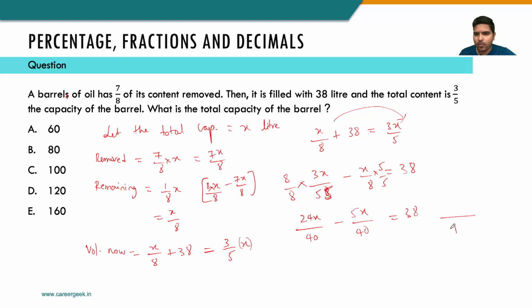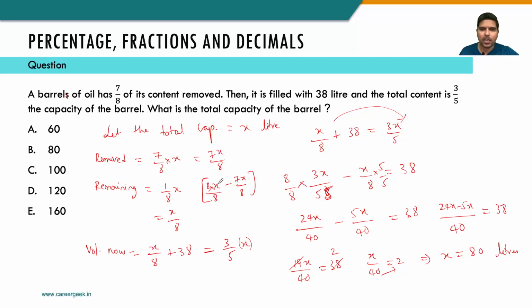Or if I take 40 common, I get 24X minus 5X, which is 19X. So 19 gets cancelled here 2 times. So what is left is X upon 40 is 2. Or 40 goes to the other side, X will be equal to 80 liters. What is the capacity of the barrel in liters? It will be 80.